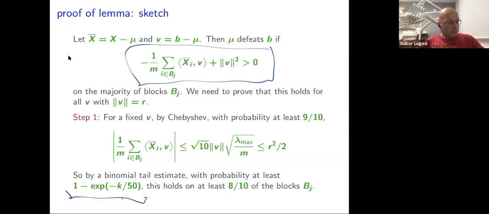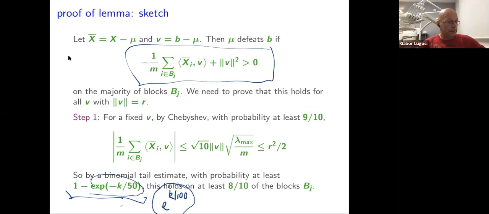Good. But now, if this holds for a single vector v on the sphere, then we can discretize the sphere. I'm allowed to take, let's say, e to the k over 100 vectors on the sphere, and I can still use the union bound, because we will be simultaneously good for these exponentially many candidate vectors v.